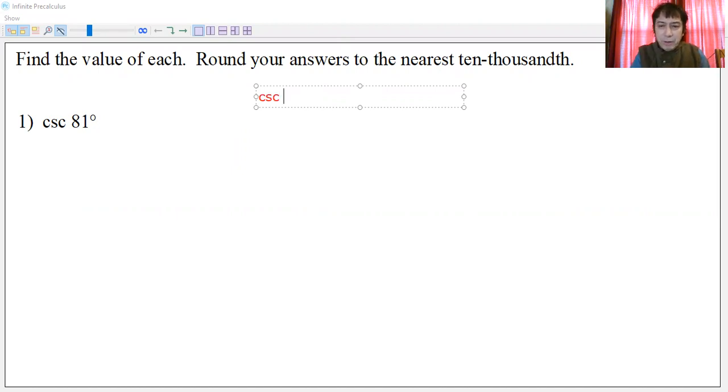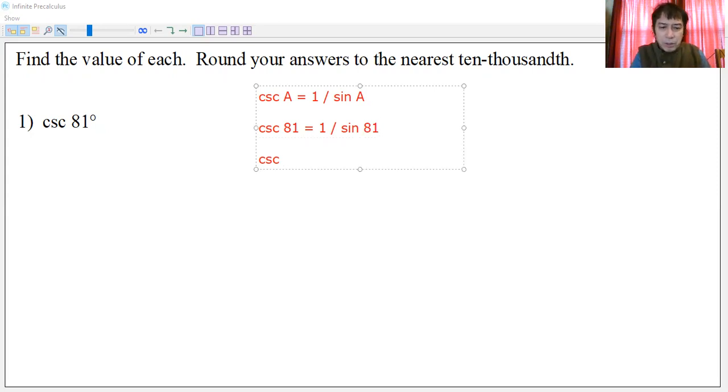Let's have the formula. Cosecant A is equal to 1 over sine A. So it's reciprocal, 1 divided by sine A. For the given 81 degrees, cosecant of 81 degrees is equal to 1 over sine of 81 degrees.